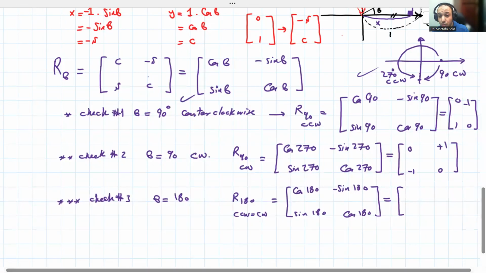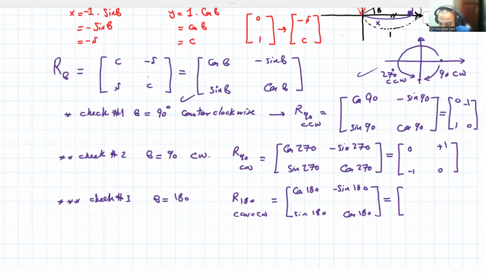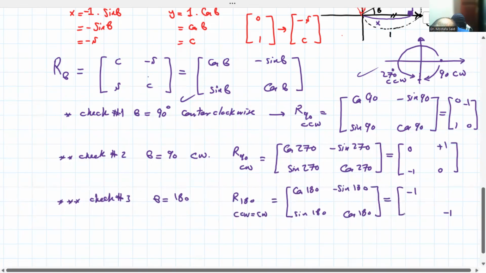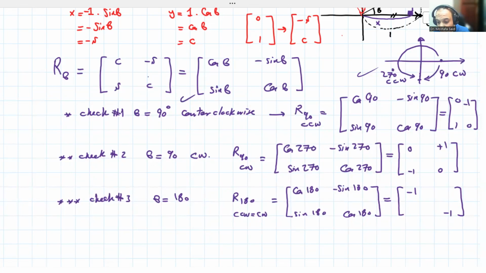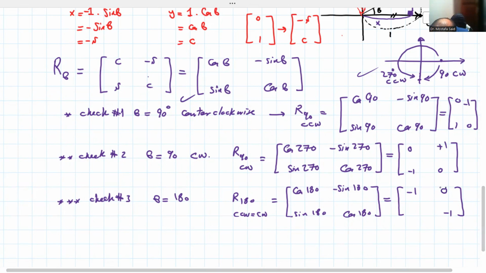I don't like to remember, so cosine 180 is minus 1, so minus 1, minus 1. And we need also the sine, so I'm using an online calculator: sine 180 is 0.